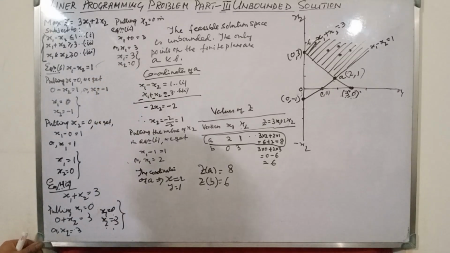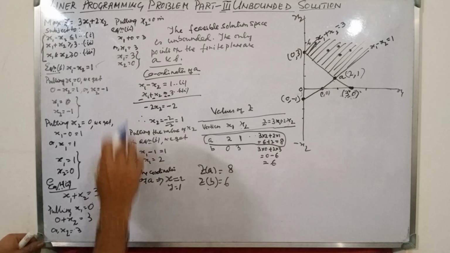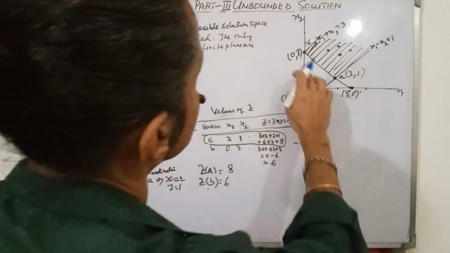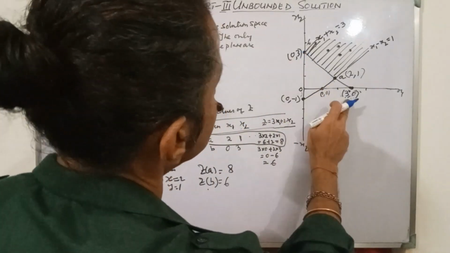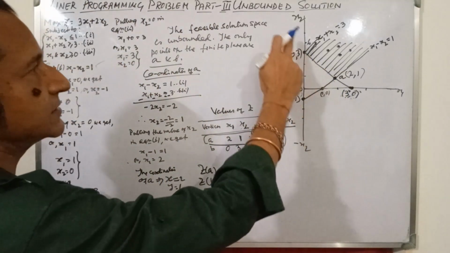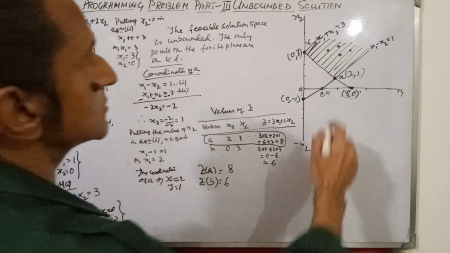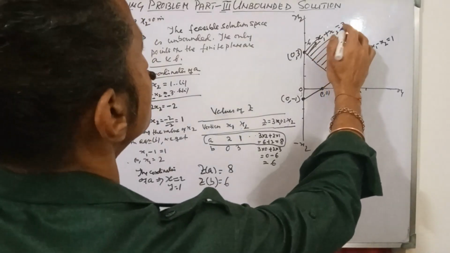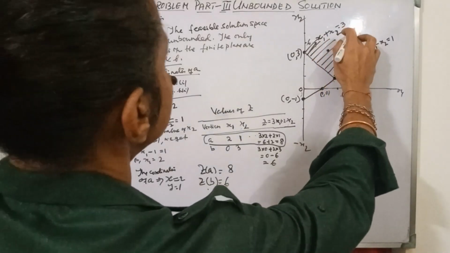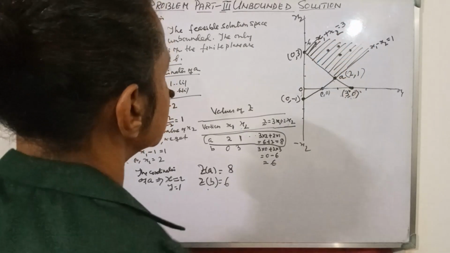We have plotted these two coordinates, 0, 3 and 3, 0, and joined these two points through a straight line. So x1 plus x2 equals 3 is the equation of this straight line.